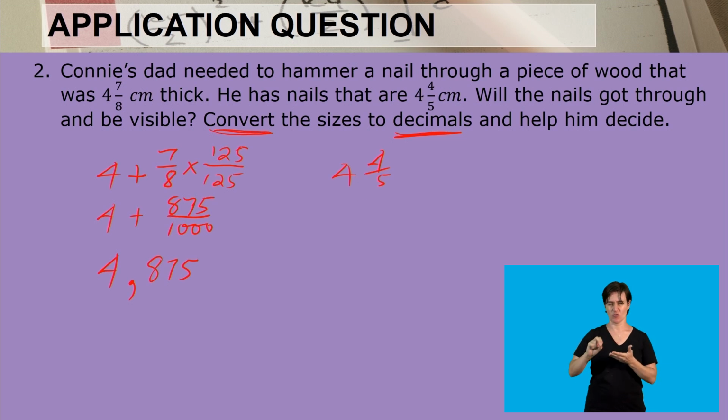Again, let's write that properly so that we understand the fraction. It would be 4 plus 4/5. That's the fraction that we're dealing with. So what number can we multiply 4/5 with to get it to either 10, 100, or 1,000?